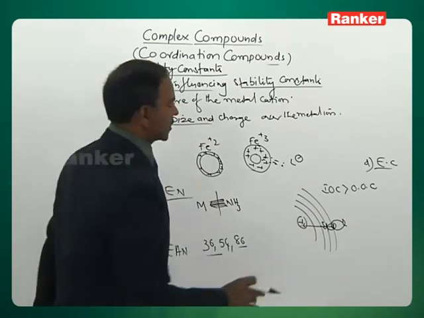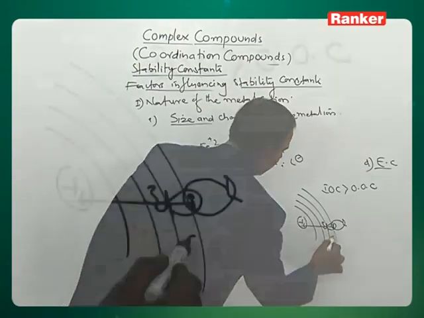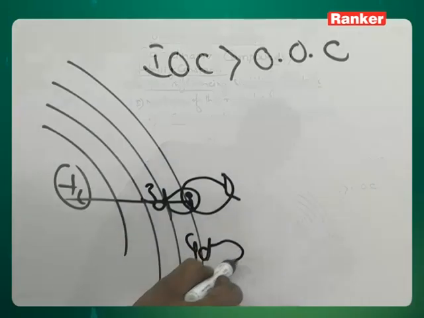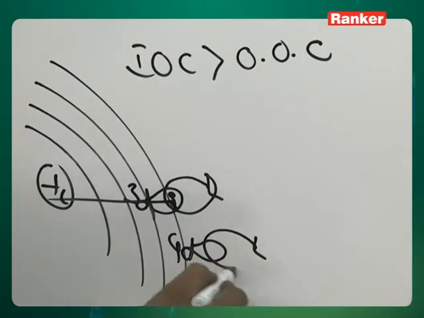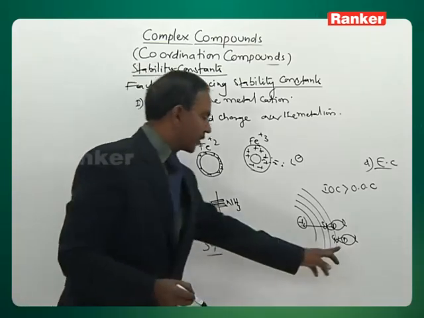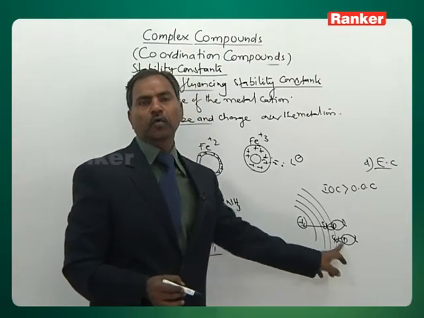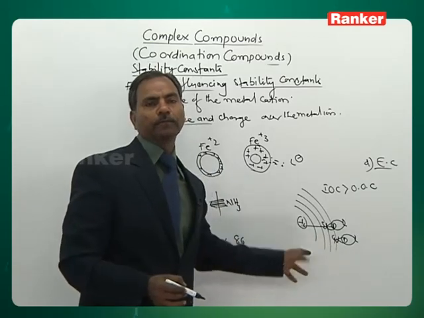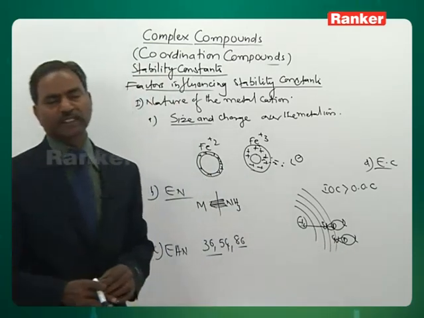Consider the outer orbital complex. Outer orbital complex involves the 4d orbital. You can clearly observe it is a little away. So with this 4d orbital involved, the bonded pair of electrons will be away from the nucleus of the metal ion, and there is less attraction force over the bonded pair. Then strength of the bond will be less.